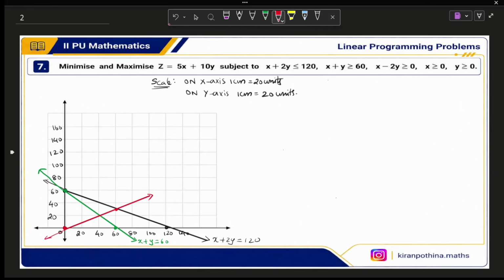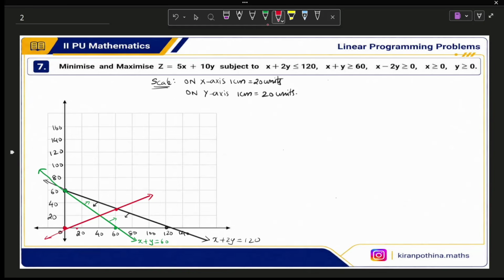Now we have to identify the common regions. Have you written the checkpoints and all? For the first line, the checkpoint result we got is true. That means towards the checkpoint. Downwards I will draw. First one is towards the checkpoint. Next, the second green line, what we got? Opposite. Okay, false, so opposite. Opposite means this side. Now when we come to the red, the third line, the checkpoint we have taken is 10 comma 0, this side.